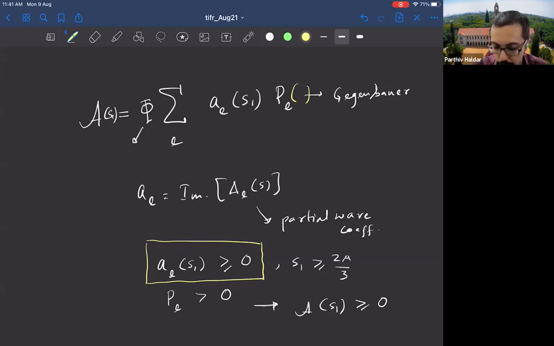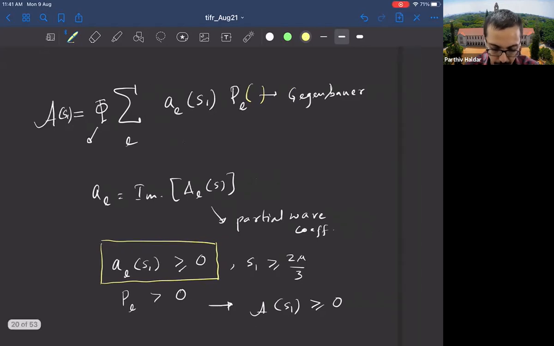This is within the domain of analyticity of this script A as well, so there is no convergence issue, and you can really talk about this positivity. So that sets the stage for how you proceed.